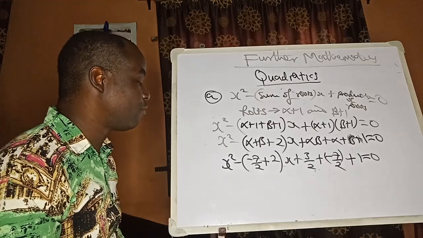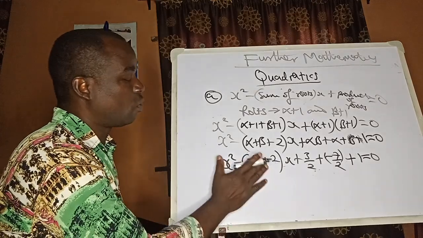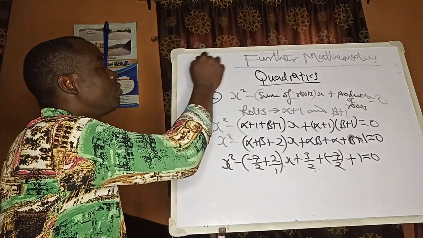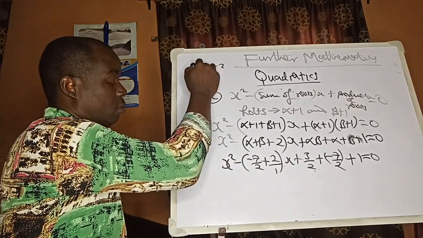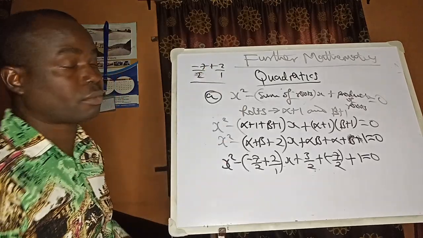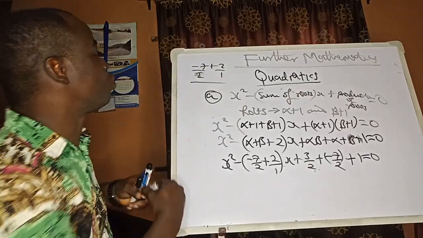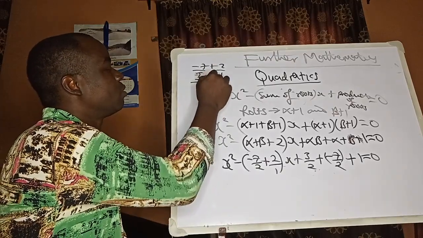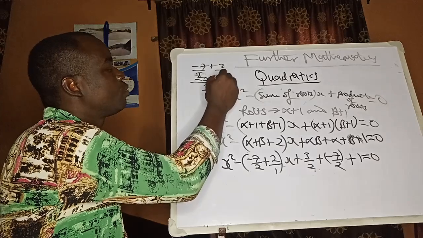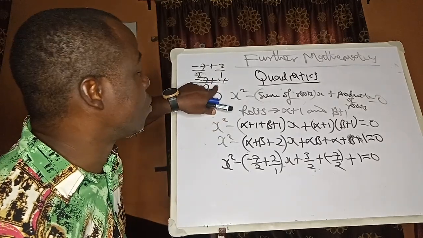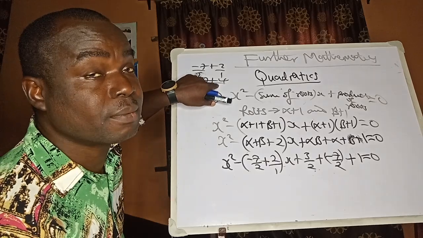Let us evaluate this one on this side. This is 2 over 1. So minus 7 plus 2 over 2 over 1. Take the LCM. LCM of 2 and 1 is 2. 2 into 2 is 1, 1 times minus 7 is minus 7. 1 into 2 is 2, 2 times 2 is 4. So minus 7 plus 4 is minus 3 over 2.